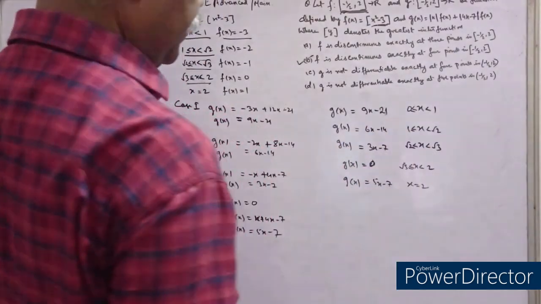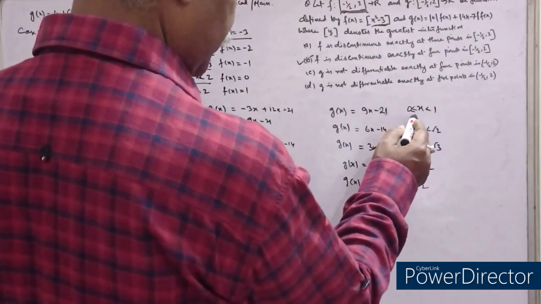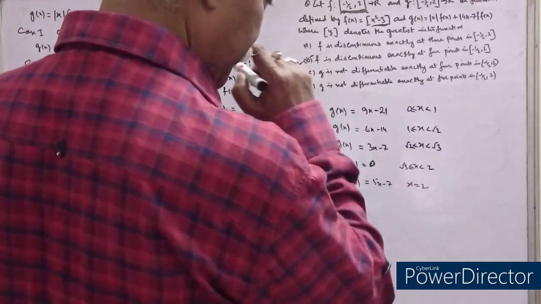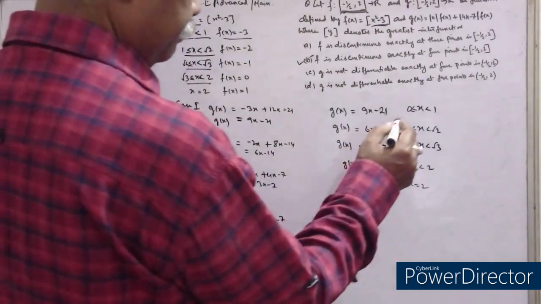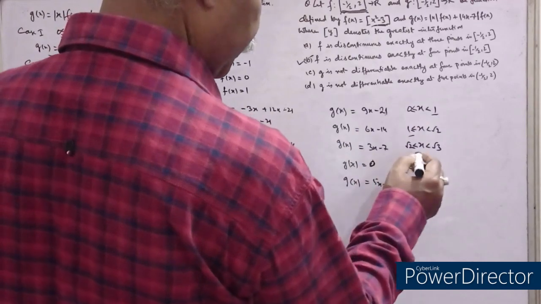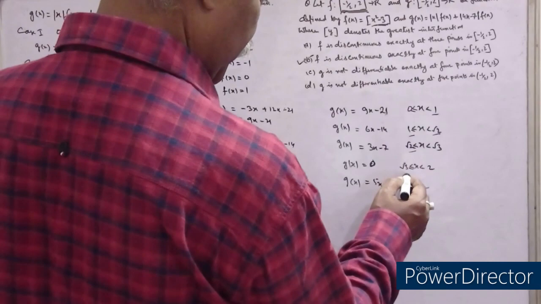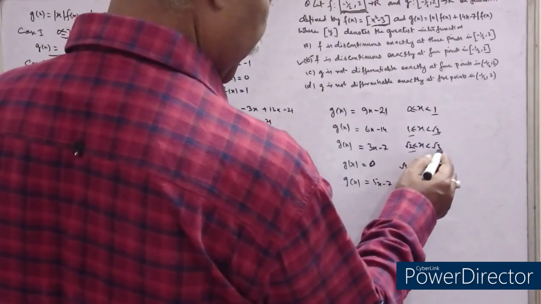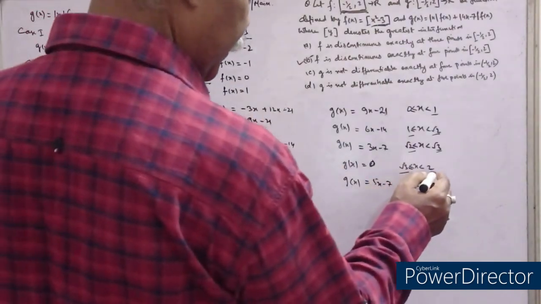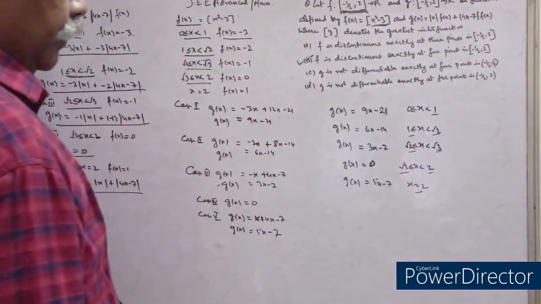So from here you see that g(x) at 1 is one function, and at root 2 another function. Again root 3, and then 2.